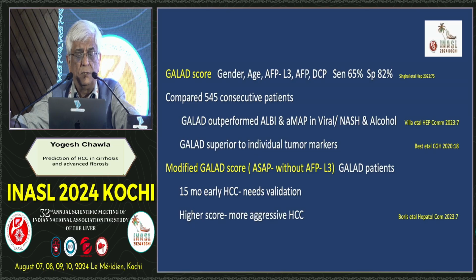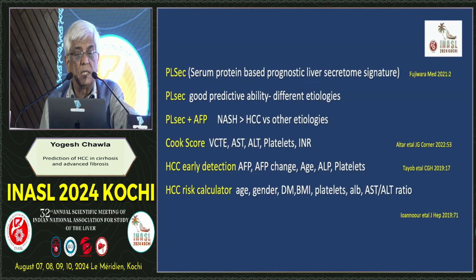A recent study showed that it outperformed all other predictive models in different etiologies, and a modified Gellard score has recently been published where they said that if you exclude alpha-fetoprotein L3, which is not routinely done in most of the centers, with only age, gender, alpha-fetoprotein and DCP, a higher score would predict that HCC is likely to occur in this patient.